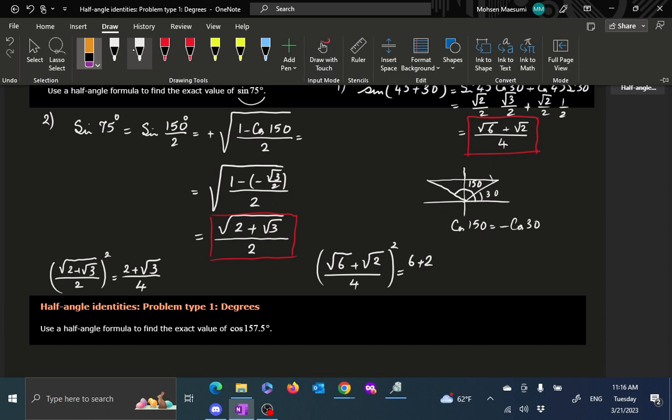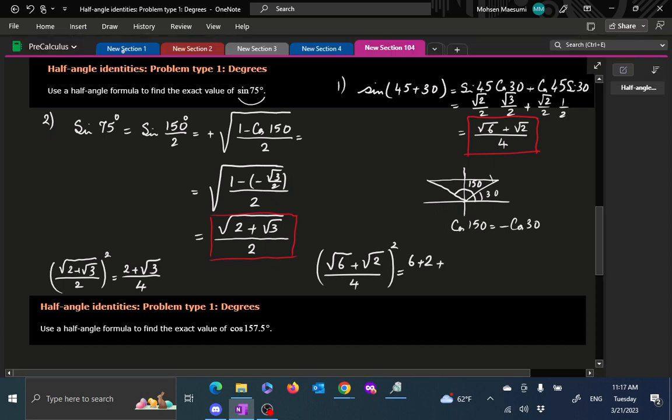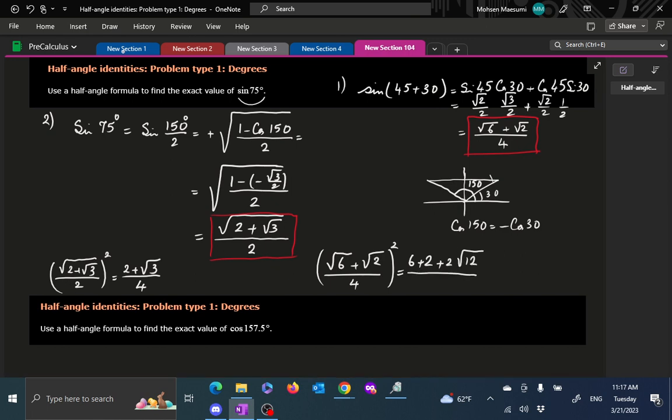So 6 and 2, and then twice the product, twice this and that one. 6 times 2 is 12. 4 squared is 16. Now 6 and 2 is 8. Radical 12, you can write it as radical 4 times 3, and that is 2 radical 3.